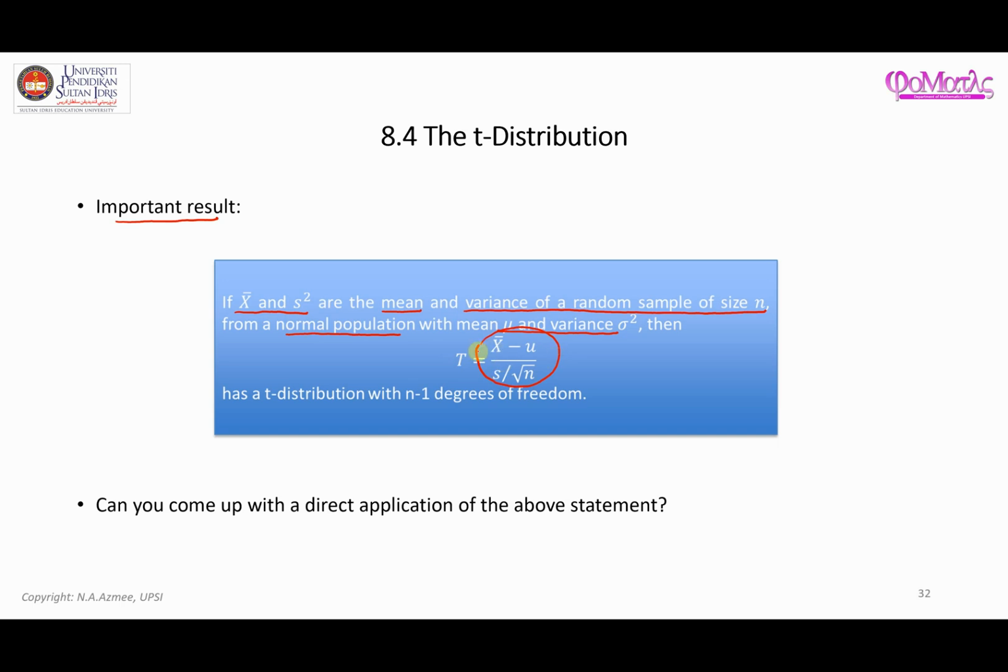The name of this random variable or statistic is T. So T here will have a t-distribution with n minus 1 degrees of freedom.